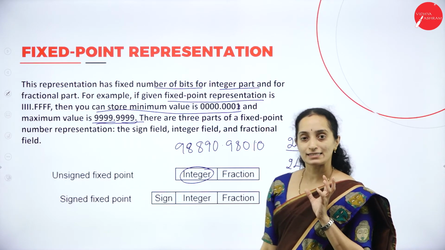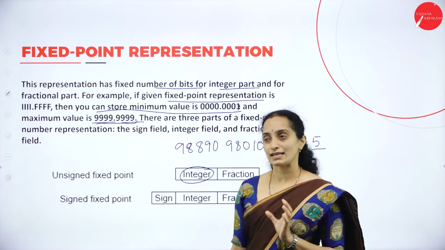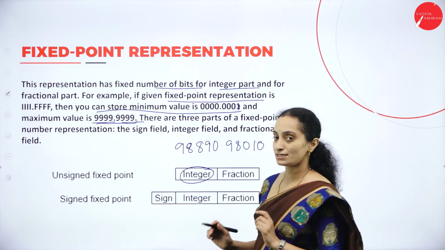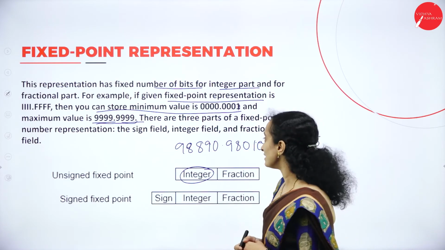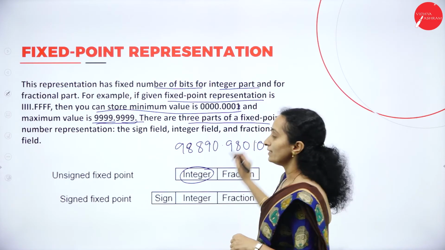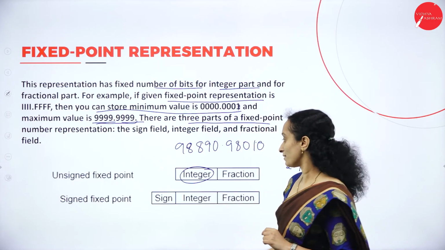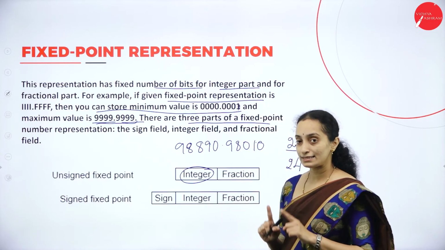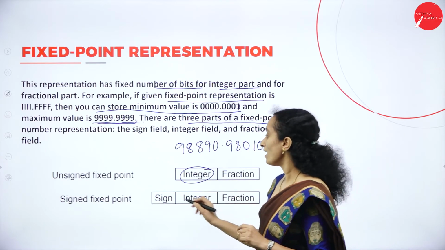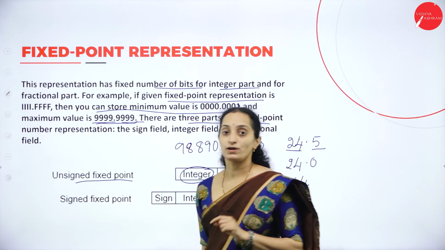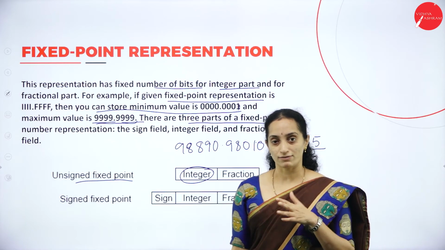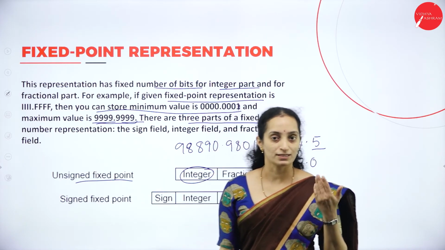Okay. Since the number of bits is fixed in a fixed point representation, it has been named like that. Okay. There are usually 3 parts in a fixed point representation. In this also, we have unsigned fixed point. That means you don't have any positive or negative sign prefixed with the number.